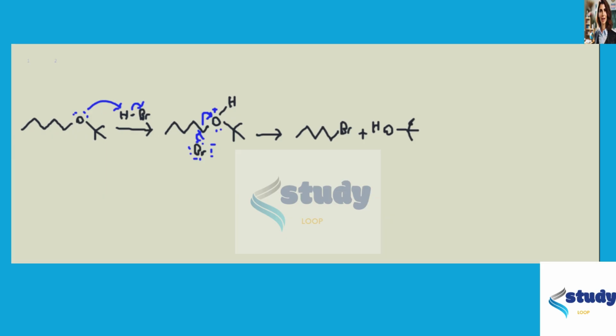So this t-butanol can be protonated once again. There's still some hydrobromic acid floating about, so this oxygen can pick up another proton and become doubly protonated.